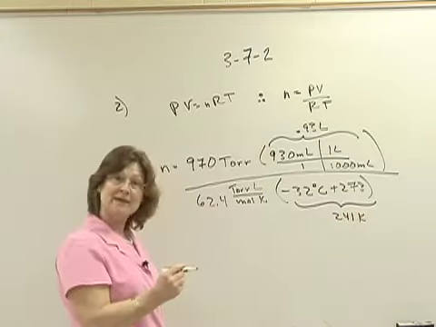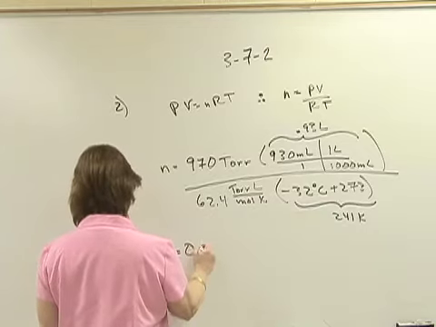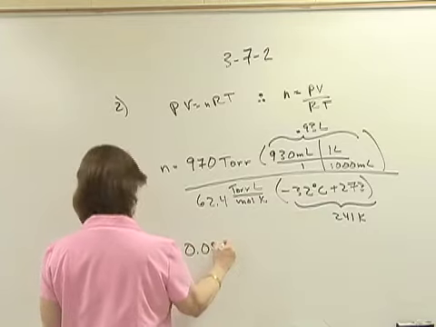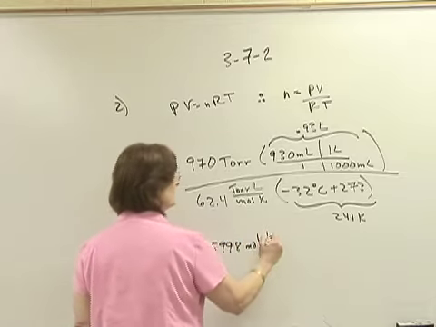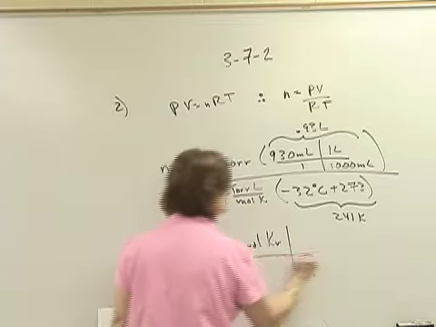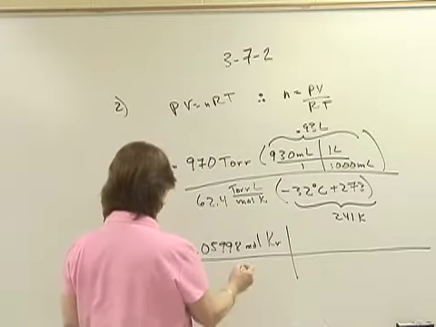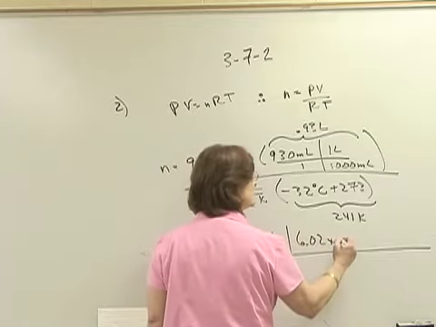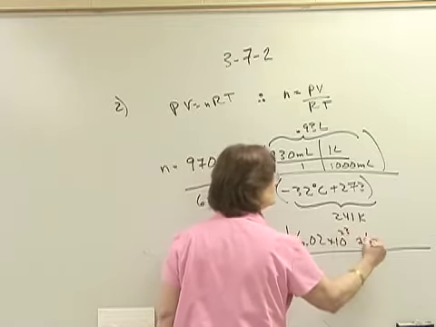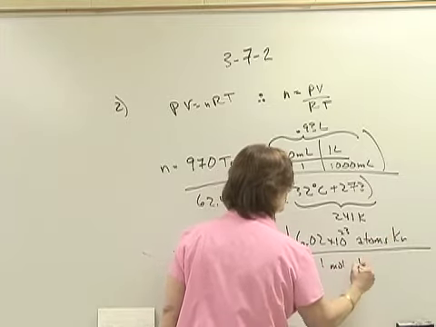Now, when I do the math here, I am going to get 0.05998 moles of krypton. And then using Avogadro's number, which is equal to 1 mole, I can get the number of atoms. And there are 6.02 times 10 to the 23rd atoms of krypton in 1 mole of krypton.